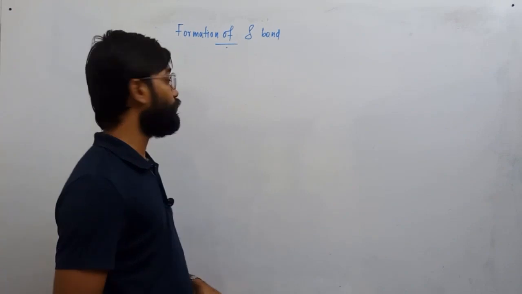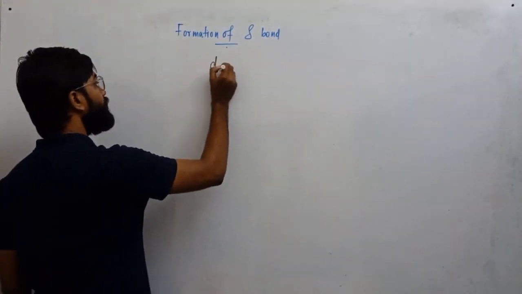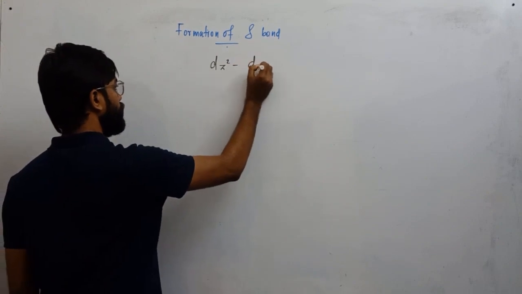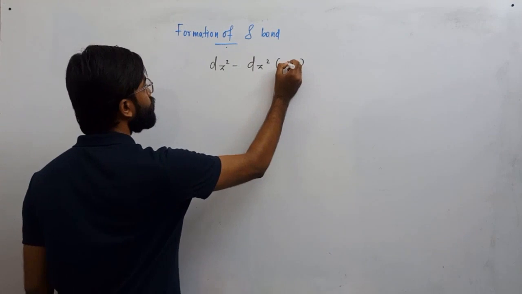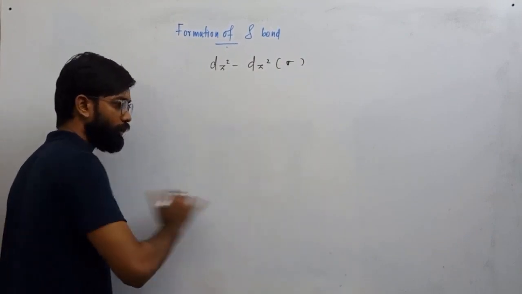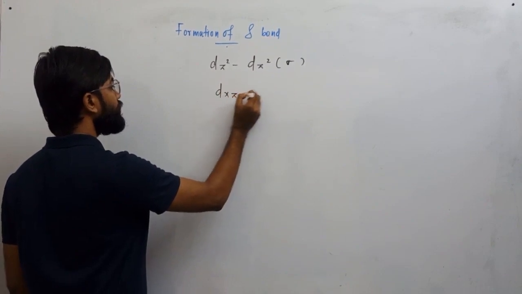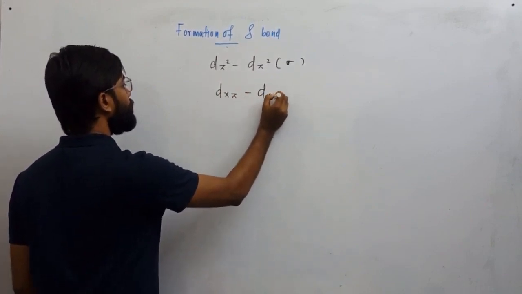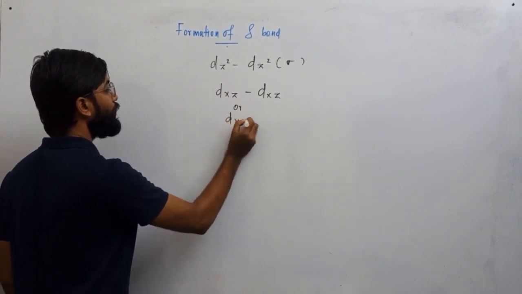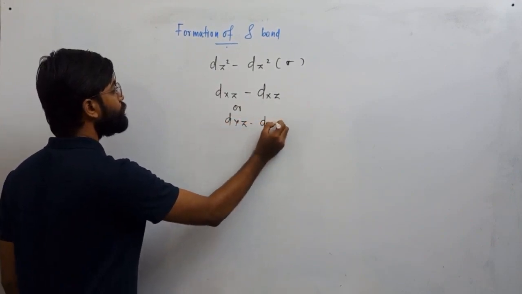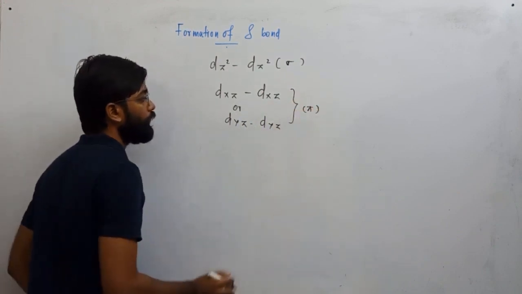It is the formation of delta bond. Usually when there are two dz square orbitals, the overlapping between them forms a sigma bond. If the internuclear axis is the z axis, and there is dxz overlapping between two dxz or two dyz orbitals, a pi bond forms.